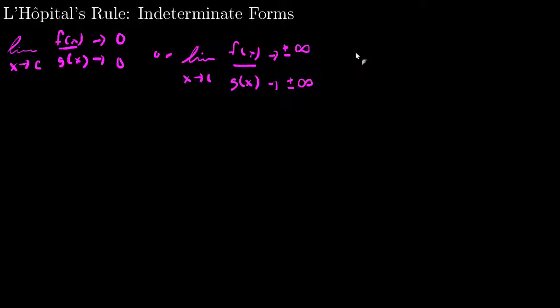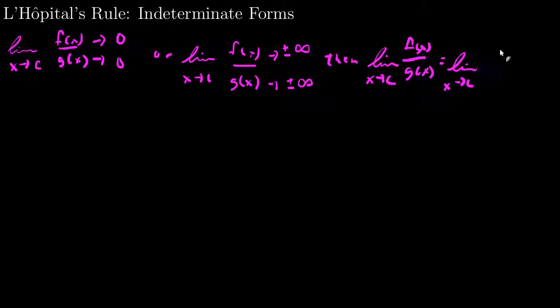Then we can oftentimes get the limit by saying that the limit of the original rational function is going to equal the limit of the rational function with the derivatives of the numerator and denominator. And I showed this in a previous video.